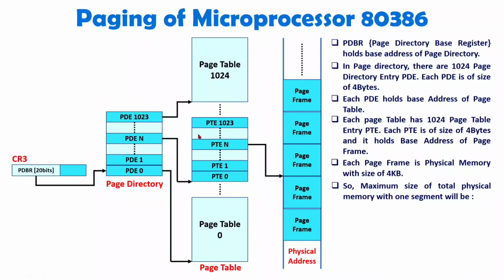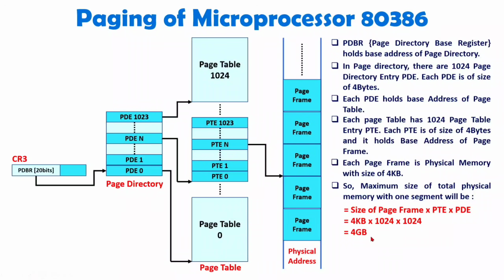So 4 KB into 1024, that will be as per the page table. But how many page tables are there? That is there as per the page directory entries. So 1024 into 1024 into the size of the page frame will be the size of one segment, right? So in total, you see, the size of the page frame, 4 KB, into 1024 into 1024, will be 4 GB. So you can say one segment has a maximum size of 4 GB, right?